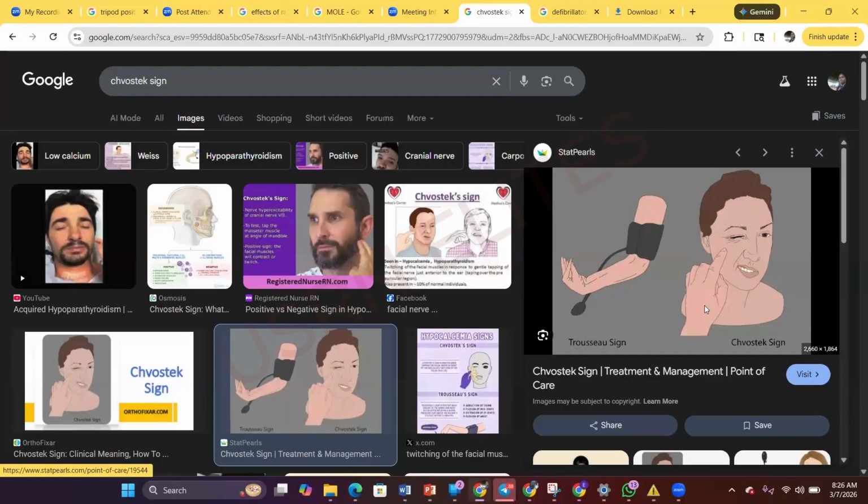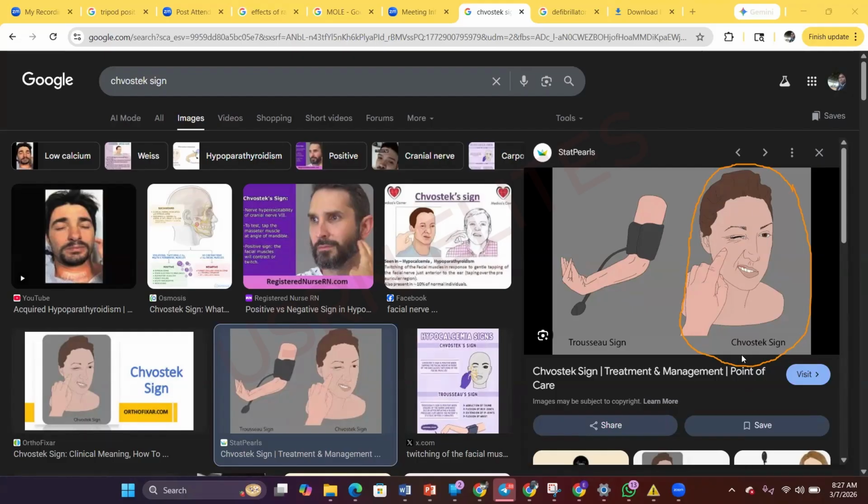With the Chvostek, there will be some twitching on the person's cheek when you tap or apply some light stroke on the cheek. Stroke it, that's the word. So when you tap the face, when you strike the face, whichever word, if it means the same thing, then that is fine.